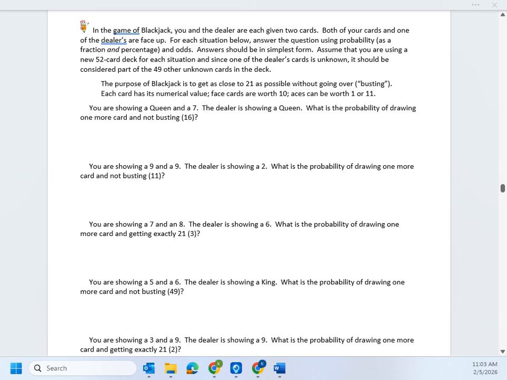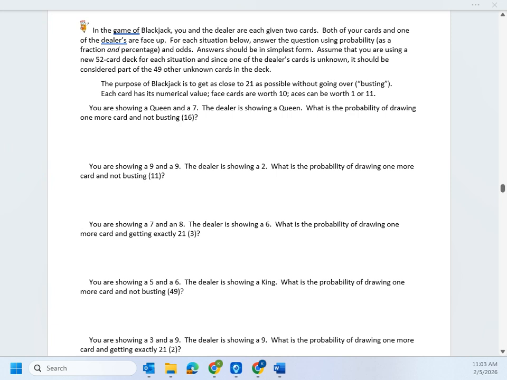For each situation below, answer the question using probability with the simplified fraction and the percentage and the odds. So like what we were doing on the first page. Answers should be in simplest form and assume that you are using a new 52 card deck for each situation.